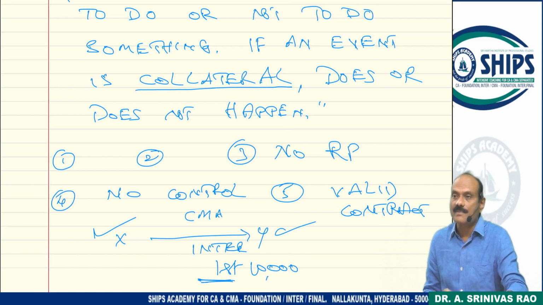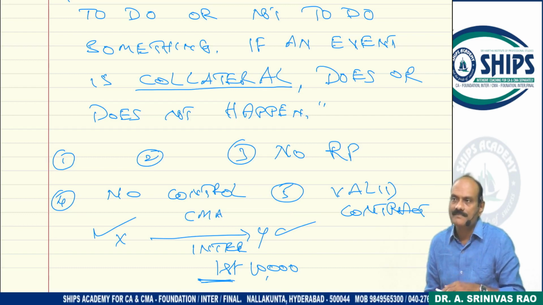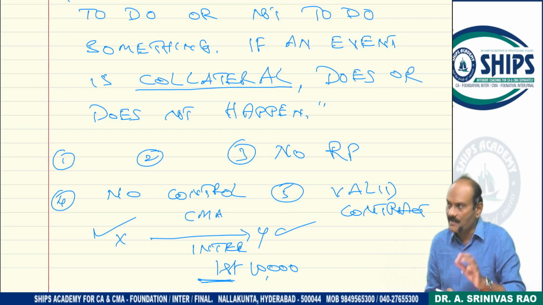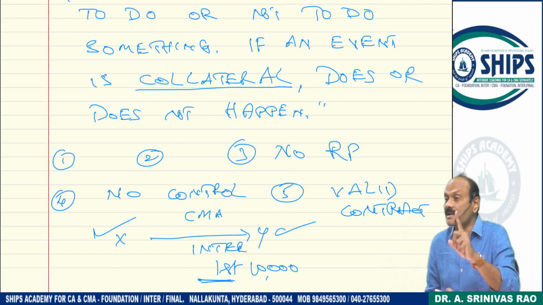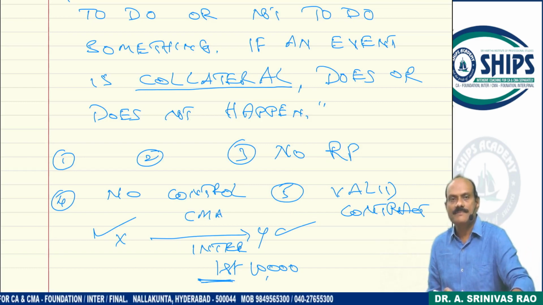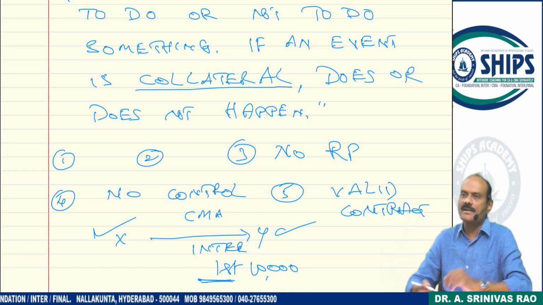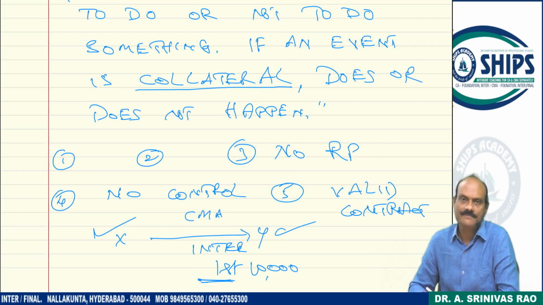But in a professional examination, always remember one line: expect the unexpected is the buzzword. You think this question they will never ask. They will ask. You think this is the most important question, they won't ask.